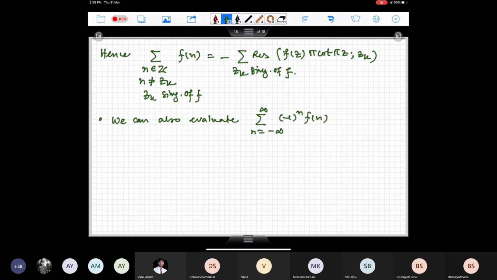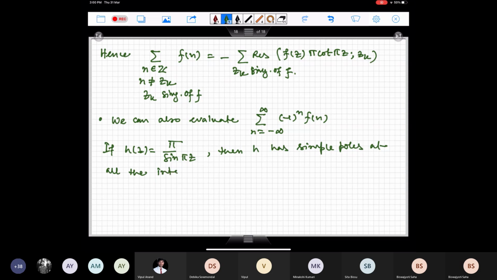If h of z is equal to pi by sine pi z, then h has simple poles at all the integers.